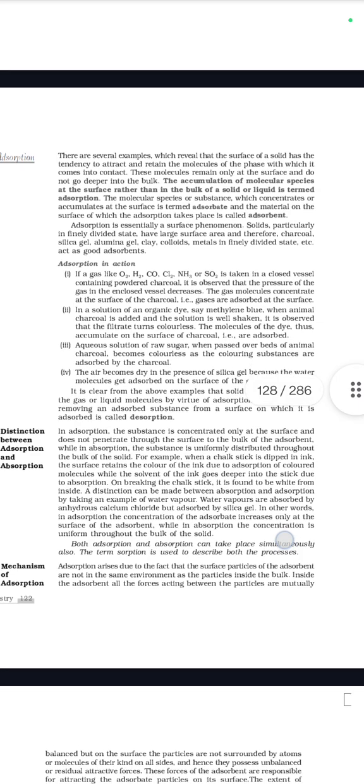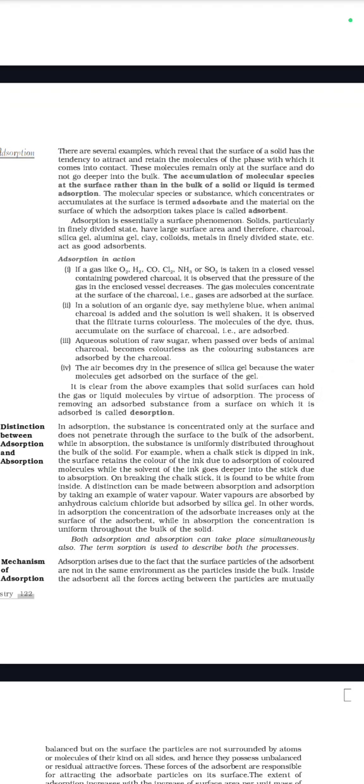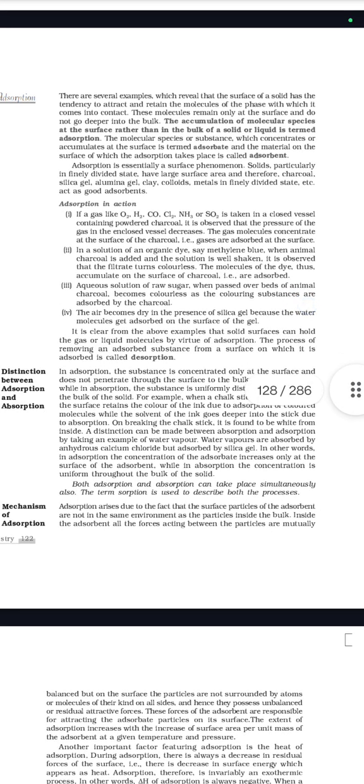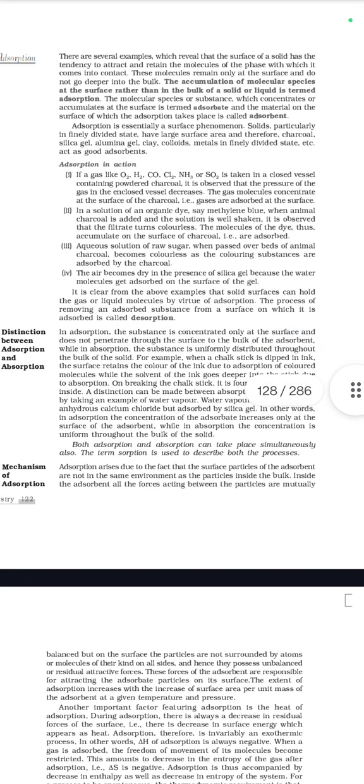Second, in a solution of an organic dye, say methylene blue, when animal charcoal is added and the solution is well shaken, it is observed that the filtrate turns colorless. The molecules of the dye thus accumulate on the surface of charcoal, that is, they are adsorbed.